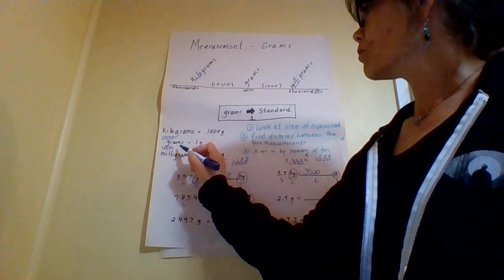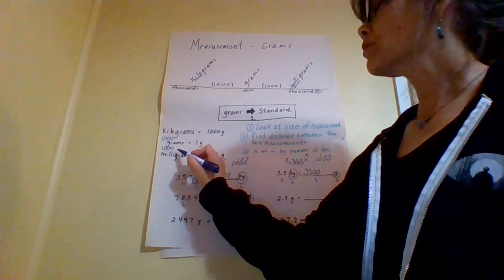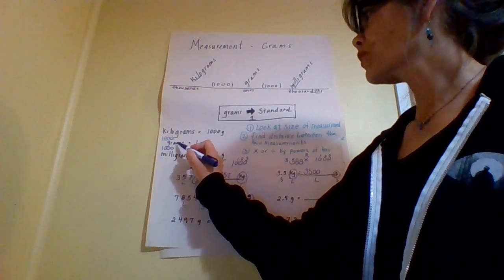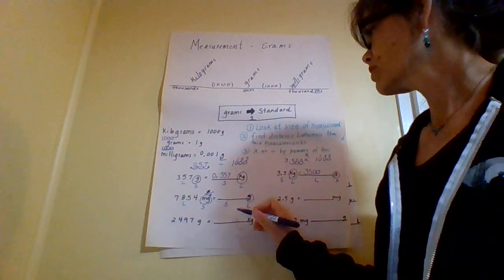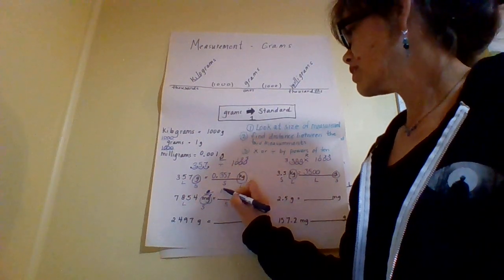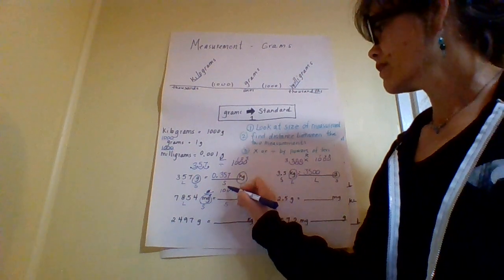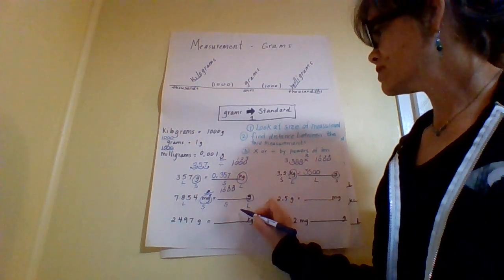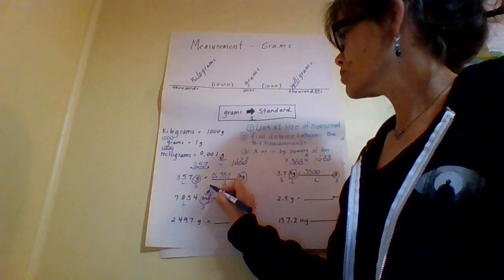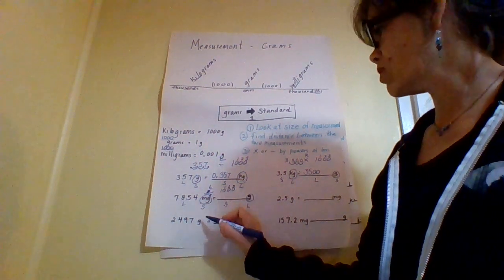So 1 gram is worth 1,000 milligrams. There's a distance of 1,000 there. So we're going to divide by 1,000. And that means we're moving 1, 2, 3 place values to the left because the number is getting smaller.